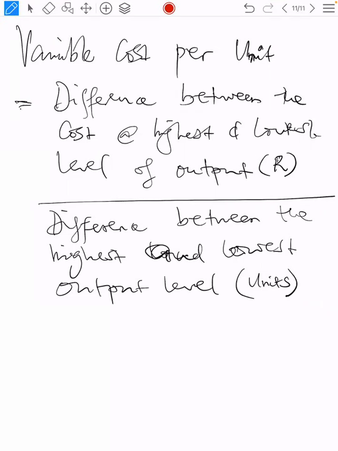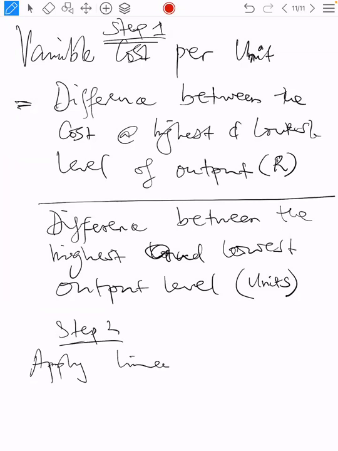After that, good people, after you've done your step number 1 in splitting costs, you're then going to apply your linear equation to calculate your fixed costs. Step 2, apply linear equation to determine fixed costs.